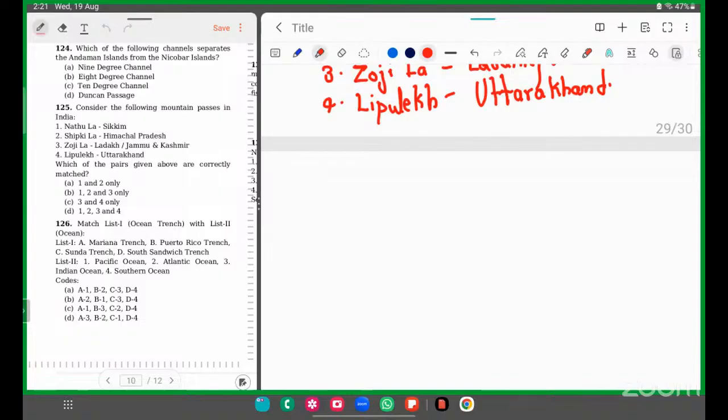So A and C are the options. Then second, Puerto Rico Trench, which is there in the Atlantic Ocean. So B will be the one. And then Sunda Trench, which is there in the Indian Ocean. And D, South Sandwich Trench, which is there in the Southern Ocean. So the answer will be B.